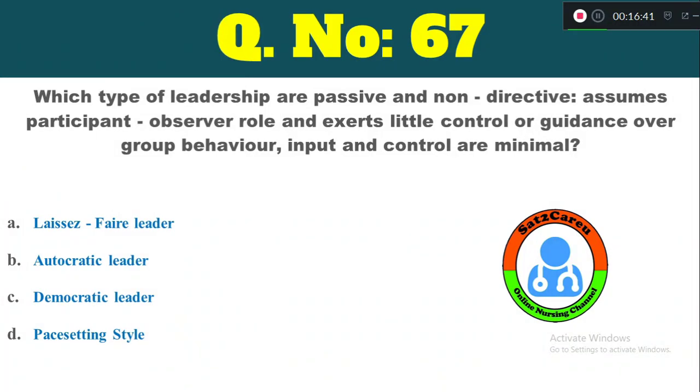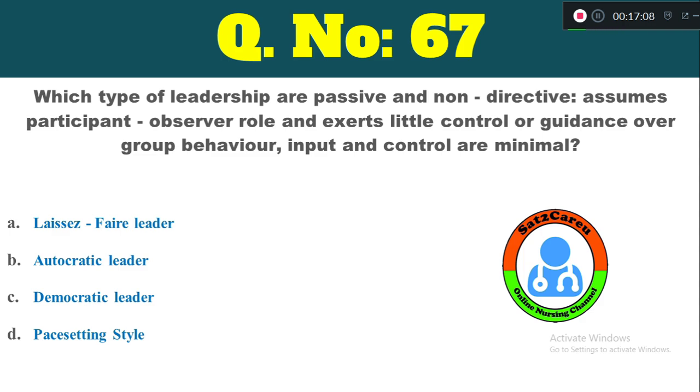Question number 67. Which type of leadership is passive and non-directive, assumes the participants in an observer role and exerts little control or guidance over the group behavior, where input and control are minimal? Option A is laissez-faire leadership style.